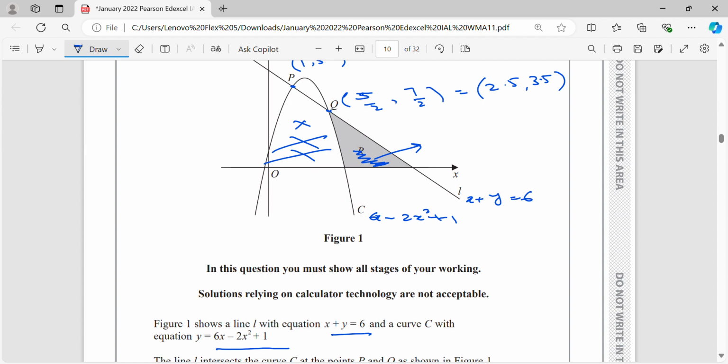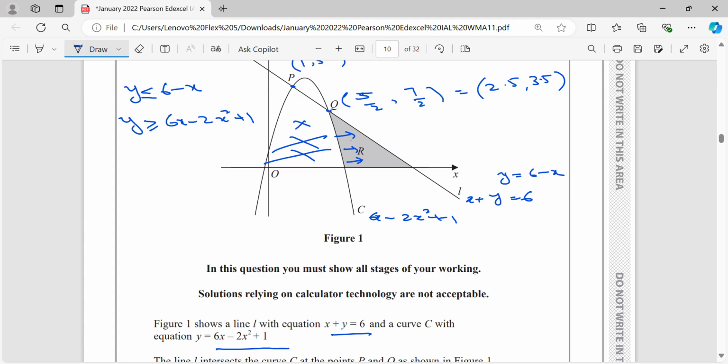When I write it in the form of inequalities, you can make y the subject, it's the same thing. Because the region is shaded below the line, this would be y less than or equal to 6 minus x. And the curve is shaded above the line, so y is greater than or equal to 6x minus 2x squared plus 1.